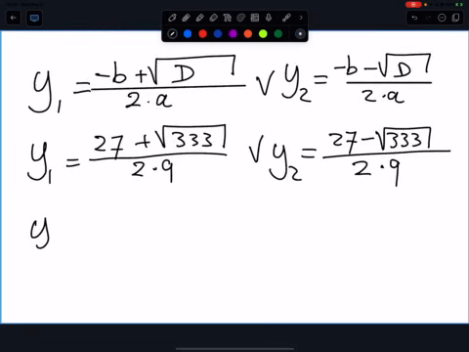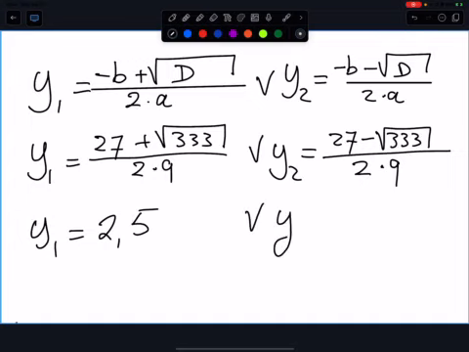So, y1 equals 2.5. Let's leave it there.